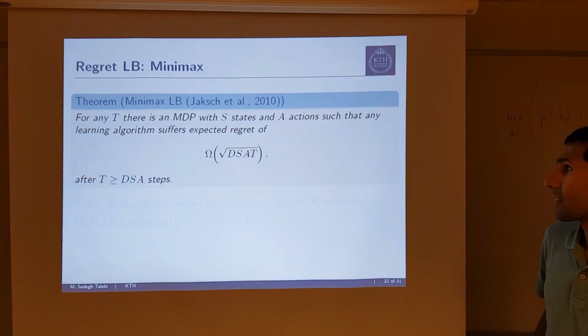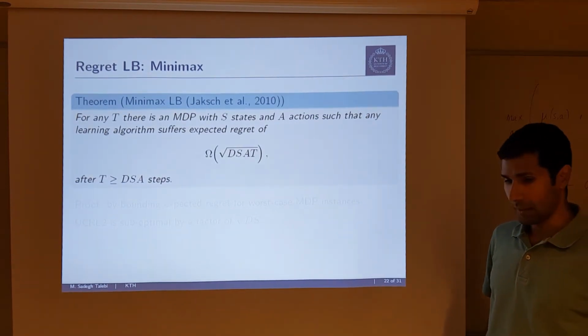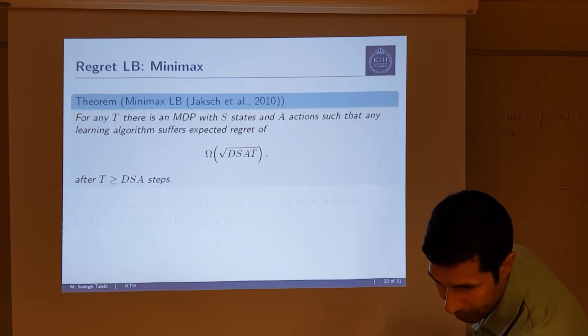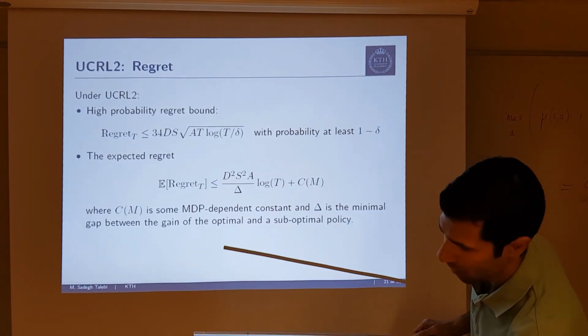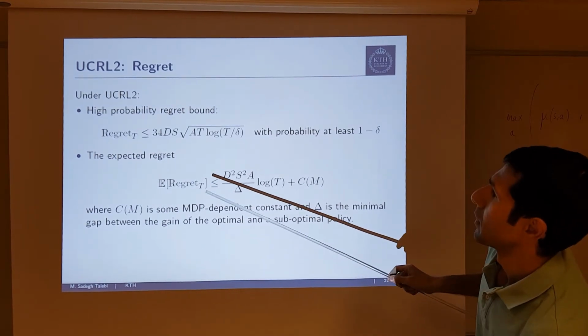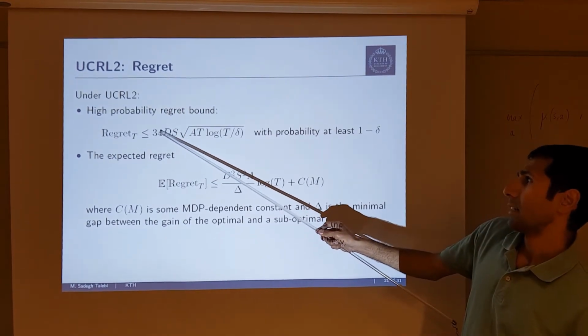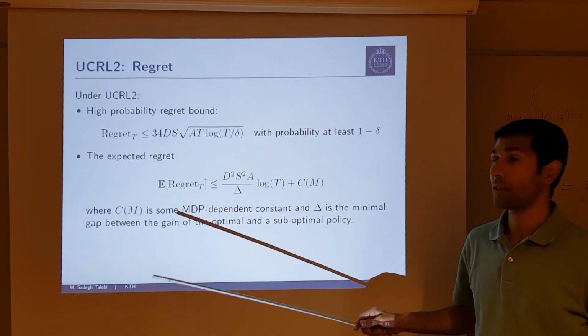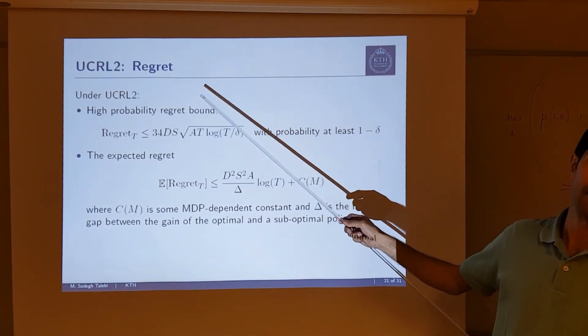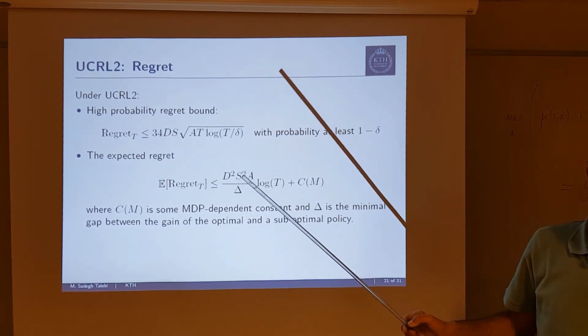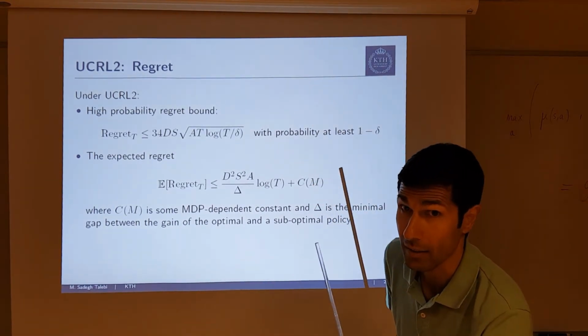In that sense, just look at this expected regret, not this other part, because we may come back to it later. Up to constants, we can only improve these results by a square root of DS, probably, because we don't know if the lower bound is tight.